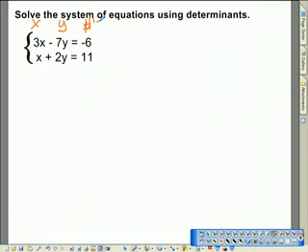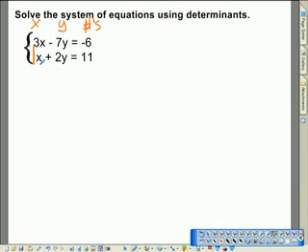It has to be in that order, x, y, numbers. That way when you're setting up your matrix, it's always uniform and it's much easier. Now what I notice about this one is there's no number right here in front of my x. I'm going to go ahead and write in the number 1. That way when I set up my matrix, I don't have to look at it and say, oh, there's no coefficient there.